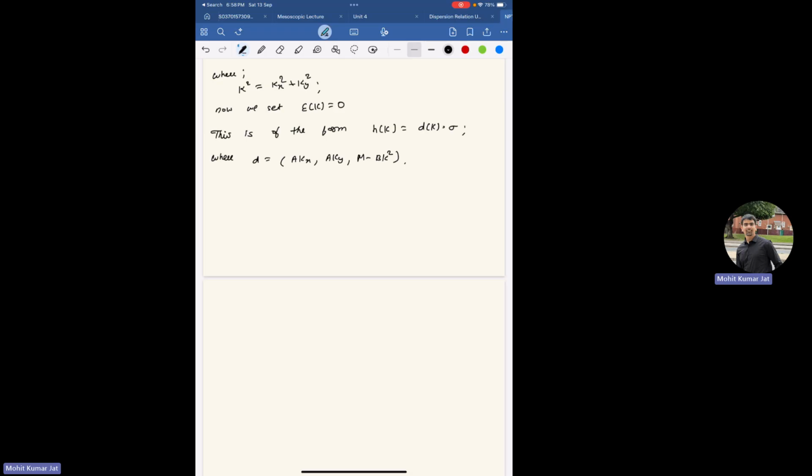In that case, the eigenvalues of a Pauli vector Hamiltonian are E(k) equals plus minus the magnitude of d(k), which is the square root of A squared k squared plus (M minus B k squared) whole squared.